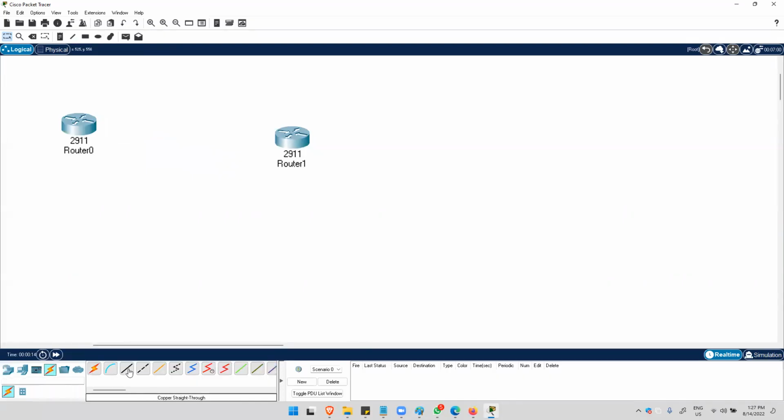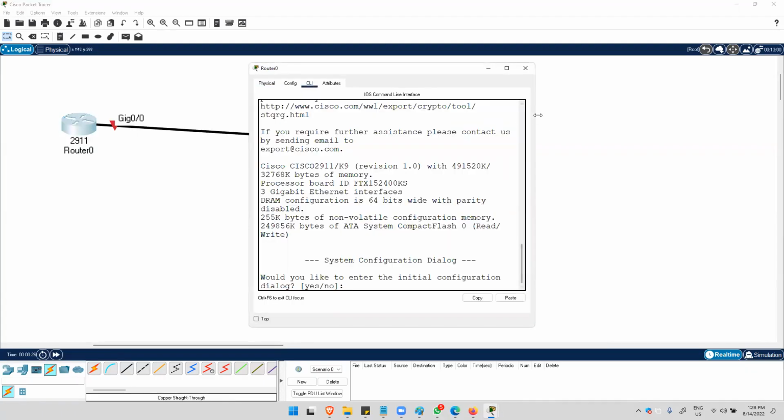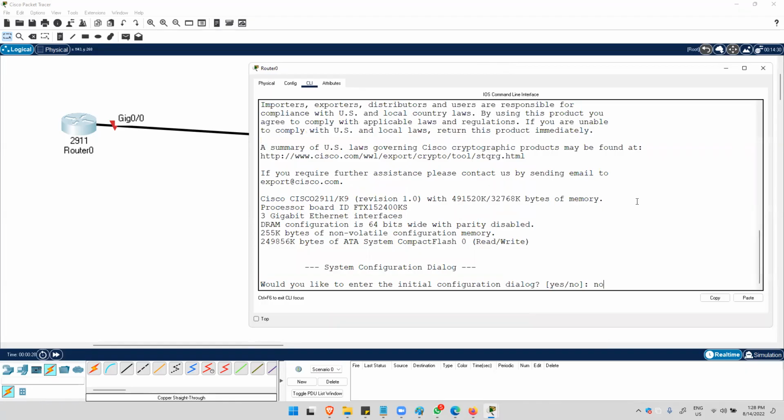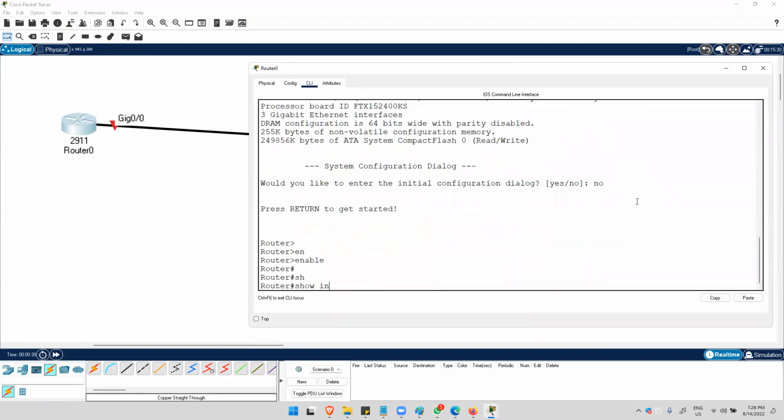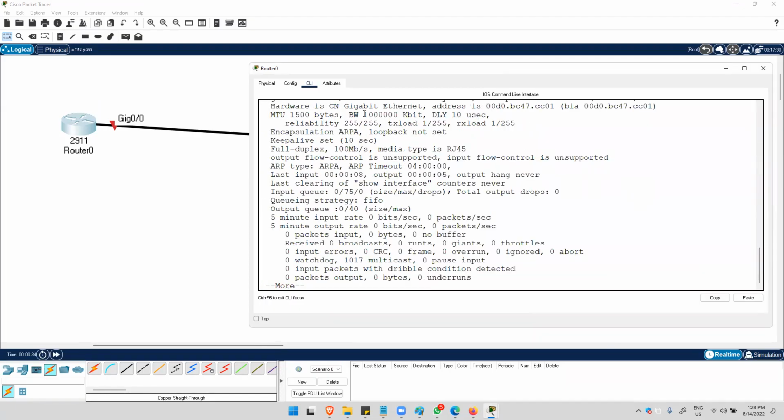Use a straight cable, connect with gigabit cable. Go to the router CLI. If you have live access, that is also good. Show interface gig 0/0. Verify the actual bandwidth, how many?